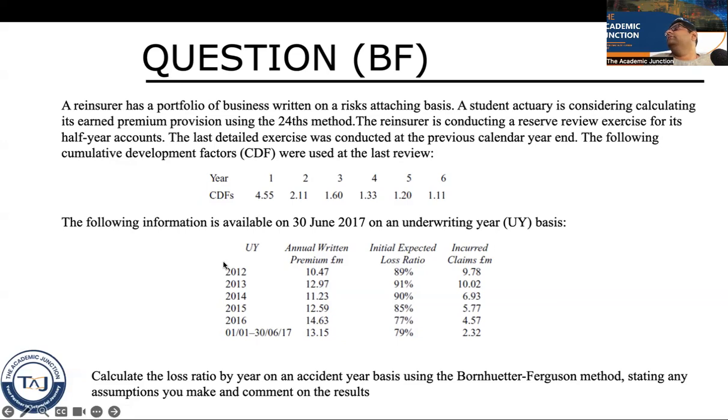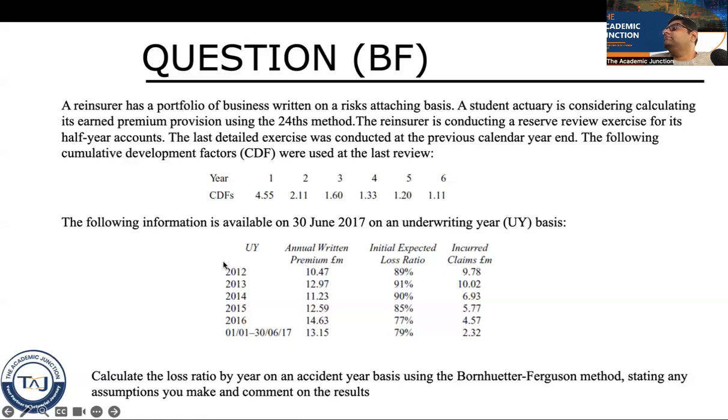Information is available in June 2017 on the number of claims.